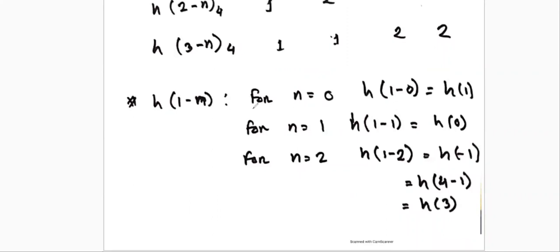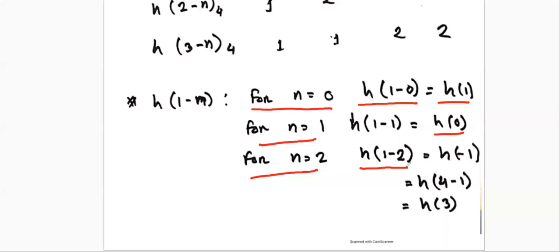For n equals to 0, we have h n minus 0, and this is 1. For n equals to 1, this is 0. And for n equals to 2, that is h n minus 2. Whenever we have a minus, I have already mentioned that you can replace it by h4 minus 1, 4 representing the value of capital N, and that gives you the value of h0.